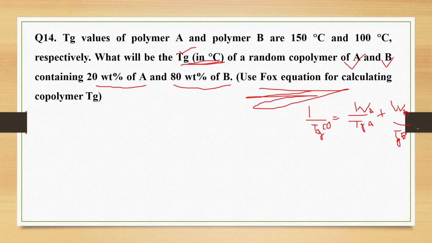You just have to put them in and calculate the Tg for the copolymer. I have written the equation as well. Okay. In minus? No, it will not come in minus. I don't think it will.